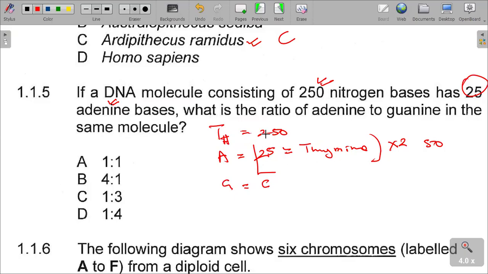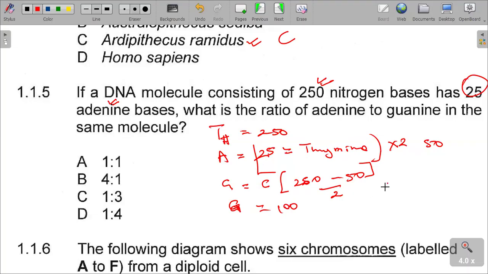So 250 minus 50, divided by 2, is 200 divided by 2, which is equal to 100. So 100 is guanine.